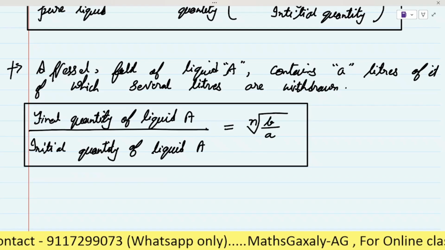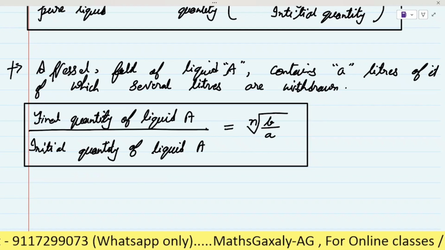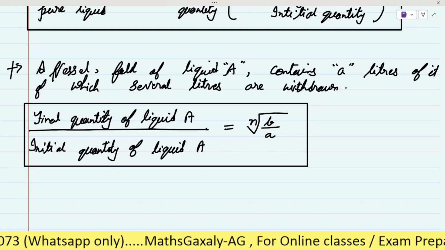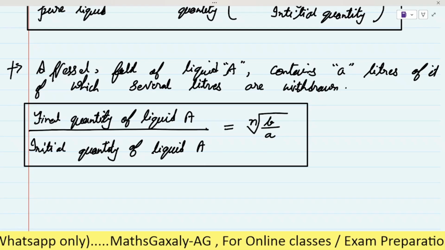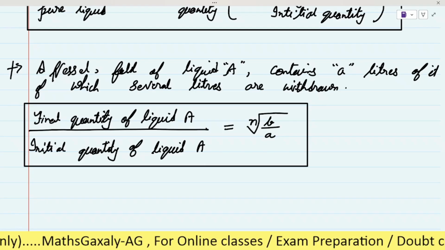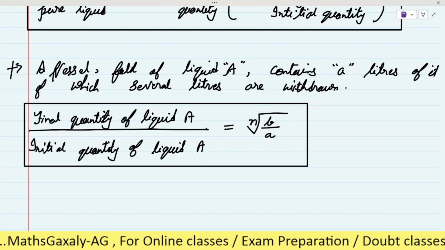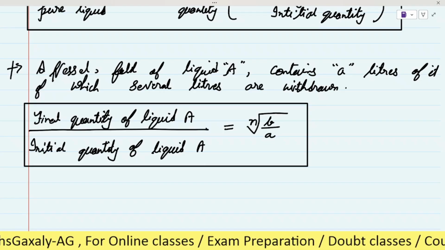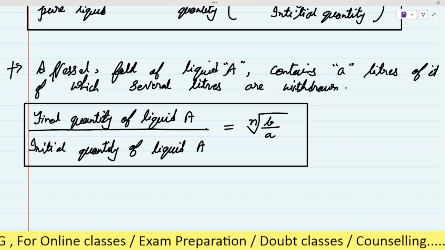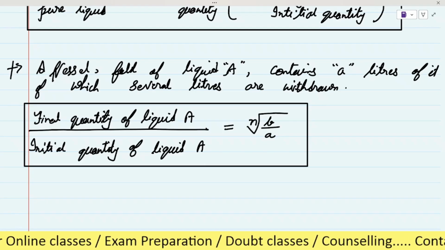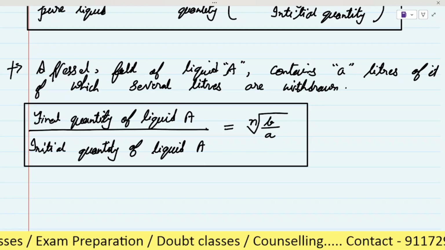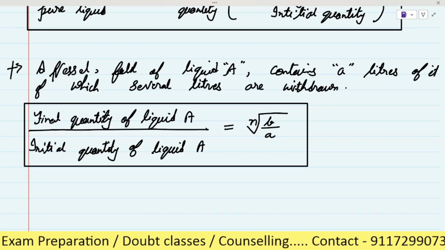So if any question is based on this pattern, that the container was initially filled with liquid A, containing A liters. Liquid A means suppose it is filled with milk, so capital A denotes milk, and small a represents the quantity, suppose 5 liters, of which several liters are withdrawn.